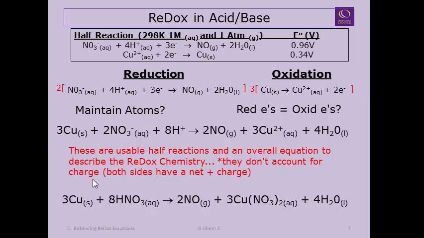So the way you can explain that is that basically you have an additional 6 nitrates on the reactant side that also shows up on the product side, so they're neither oxidized nor reduced. They're just spectator ions, but they account for the net charge so that the solution in going from reactants to products is always charge neutral, and that's more realistic from a thermodynamic standpoint.